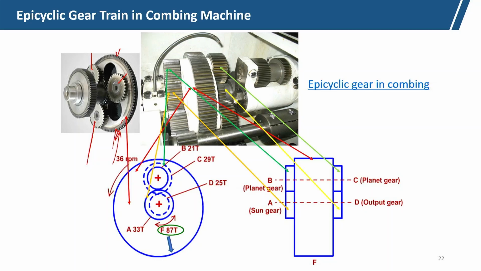This is sun A. Planet B is shown by the dark green arrow, and the light green arrow shows planet C, which is on the other side of the arm. That means B and C are fitted on the same shaft, but loosely fitted on the arm, which only makes the revolution. This is the system here.